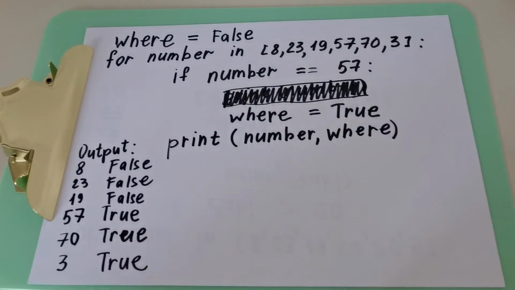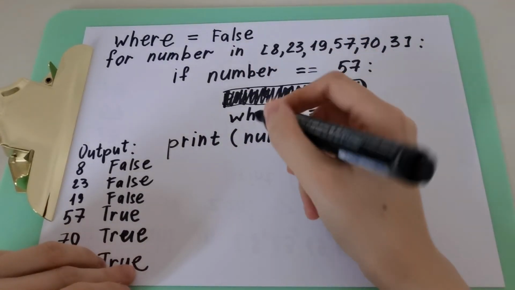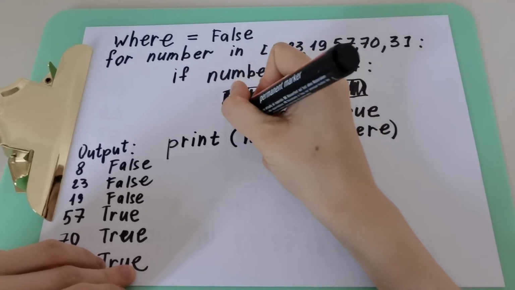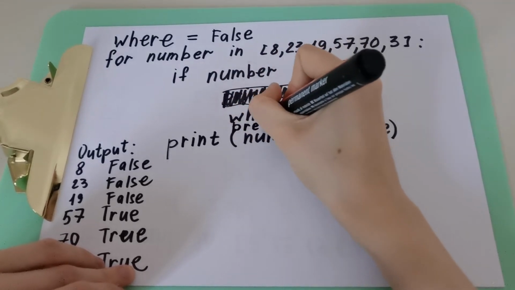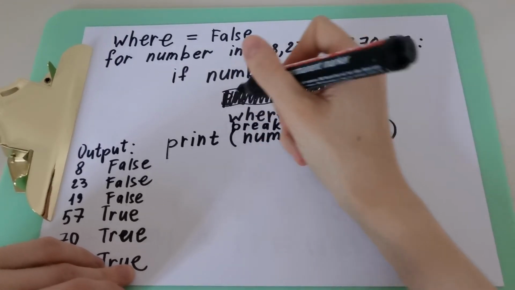If you don't want to know between which numbers 57 is, if you just would like to know after what number 57 comes, you can write here, unfortunately I didn't leave enough space, a break line. So you can see, it's really small, break.